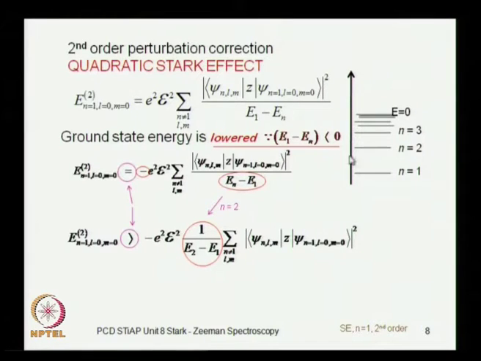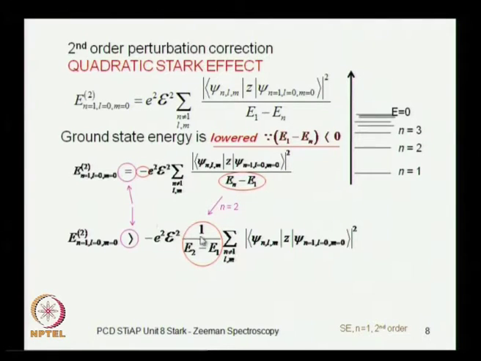So, let us take the least value that is possible, and that is for n equal to 2. And that means that you get a certain bound which guarantees that this second order correction will be greater than this quantity, in which you have extracted 1 over E2 minus E1 outside the summation sign.